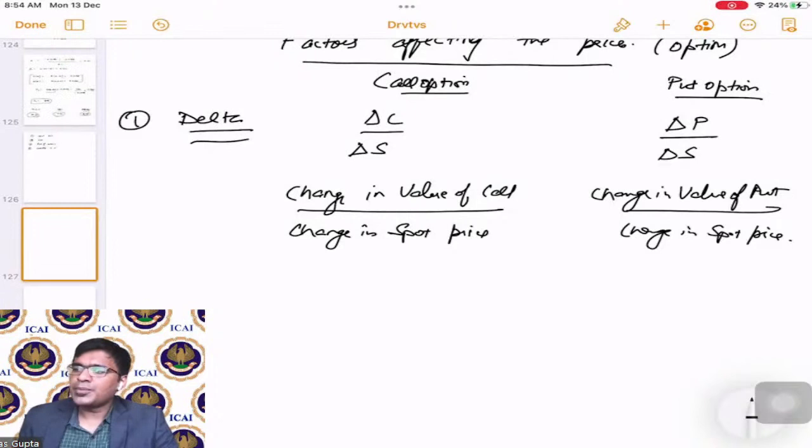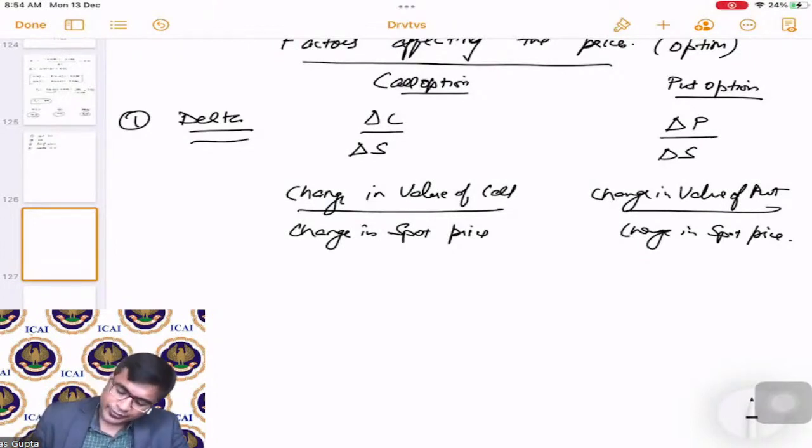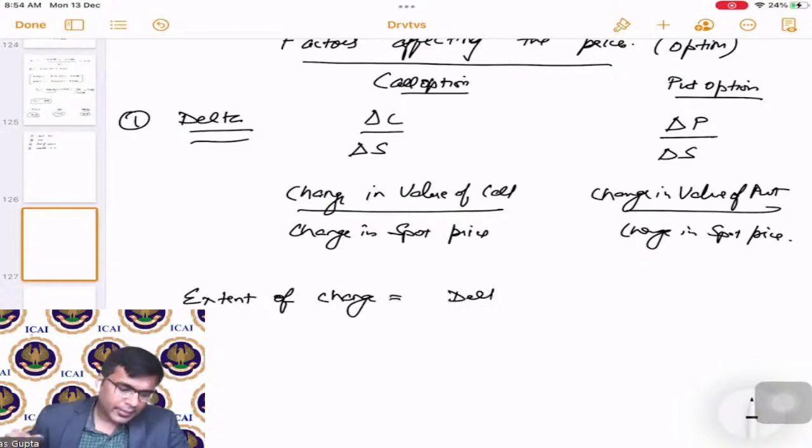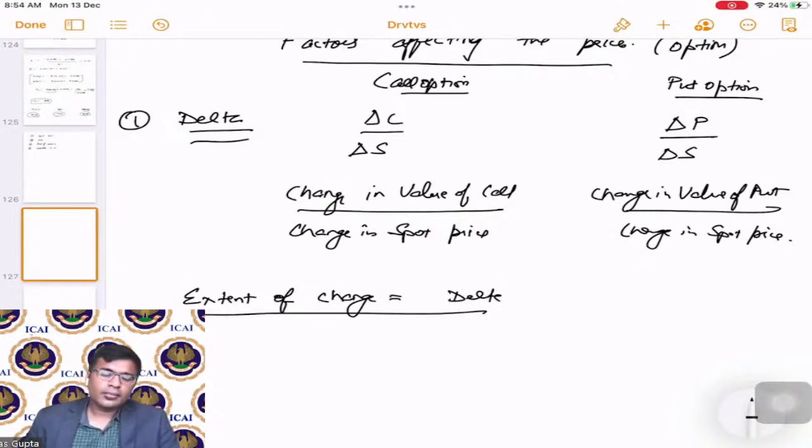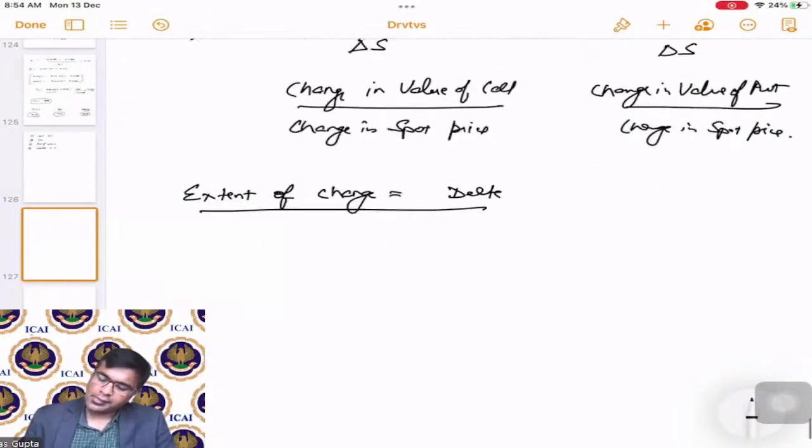Similarly, in case of a put option, if the spot price goes up or down by 1 rupee, what is the change in the value of the put option? That extent of change is given by delta.